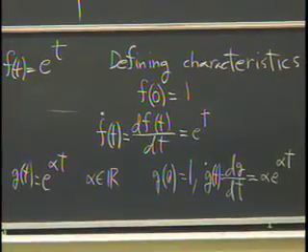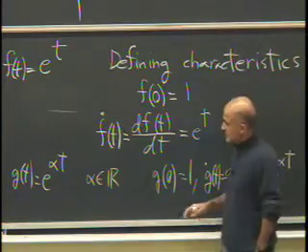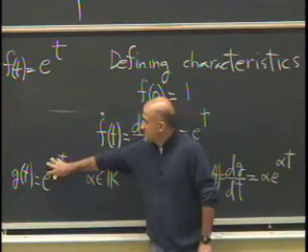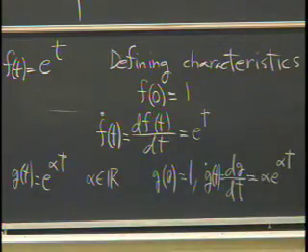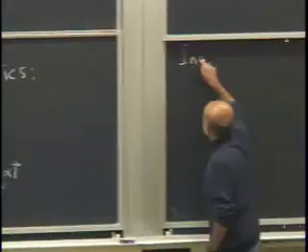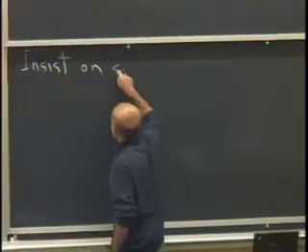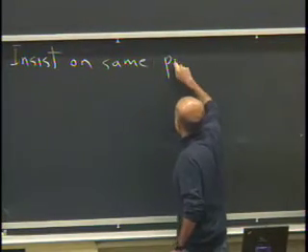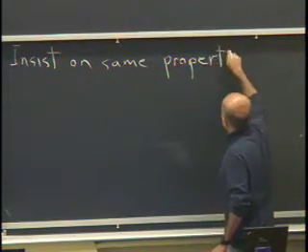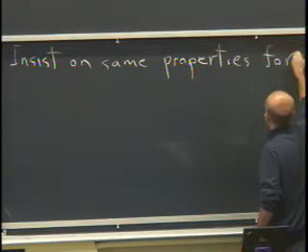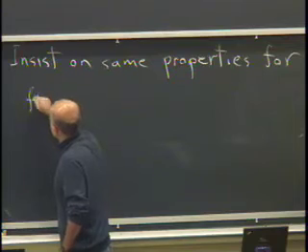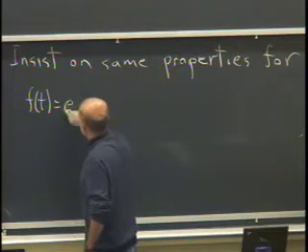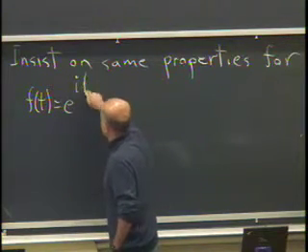Now, when we expand our scope and allow this alpha, whatever is multiplying t, to become a complex or imaginary number, when we go to the complex plane, we will insist on same properties for the complex exponential, let's say e to the I t.